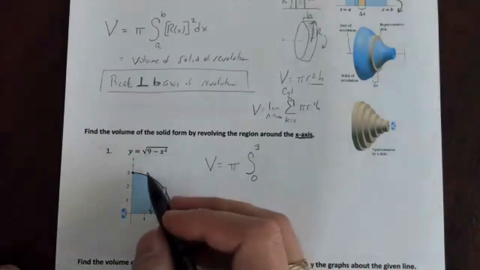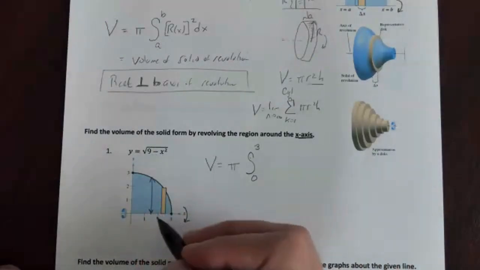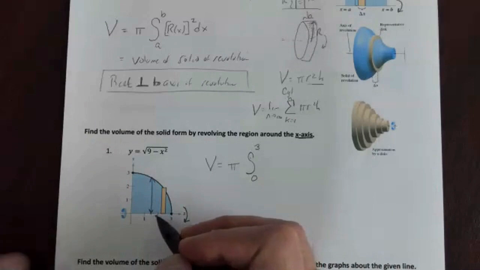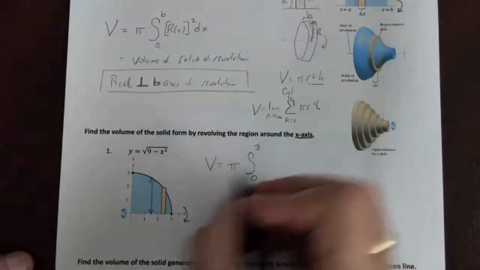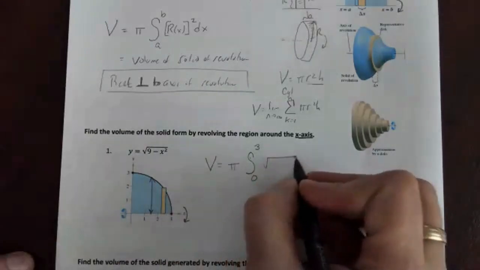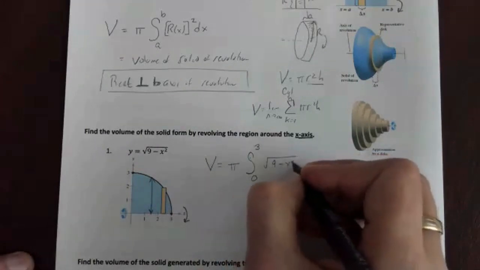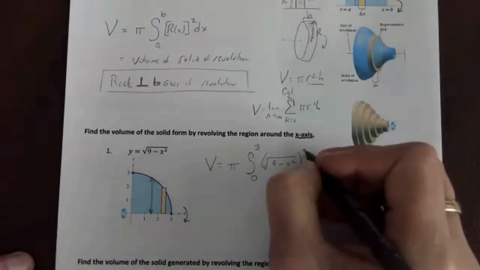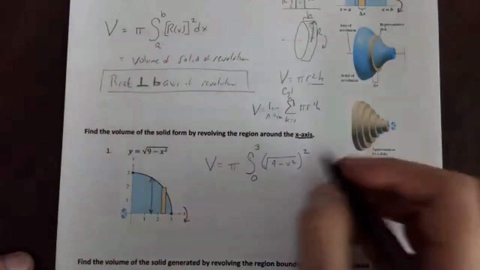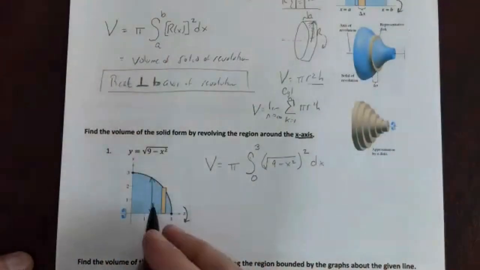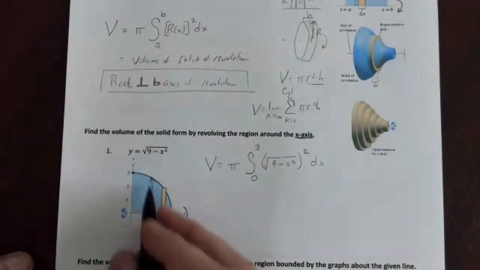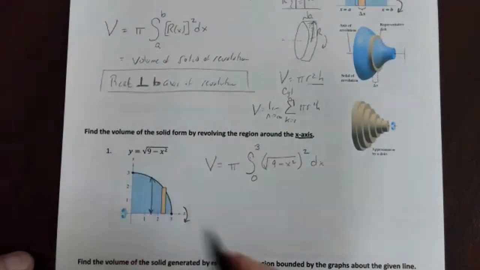In this case, the top is the actual function. The bottom is the x-axis, which is 0. And so big R of x is just going to be the square root of 9 minus x squared. And then, of course, we have to square it because the formula is squared, and then dx. So really, it's just the function. When you're revolving around the x-axis, the length of the green double arrow is normally going to just be the function.